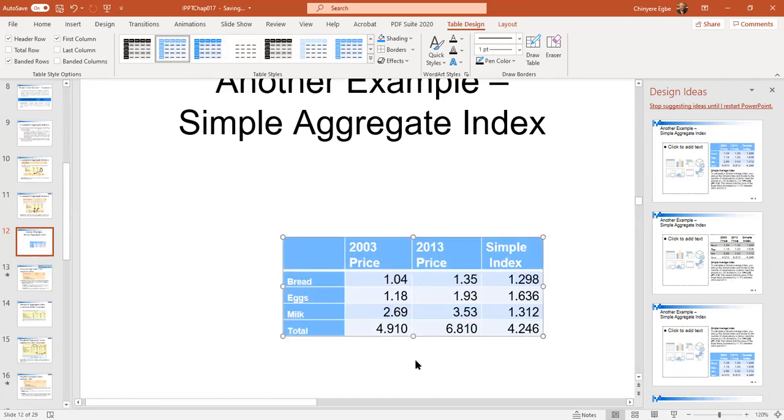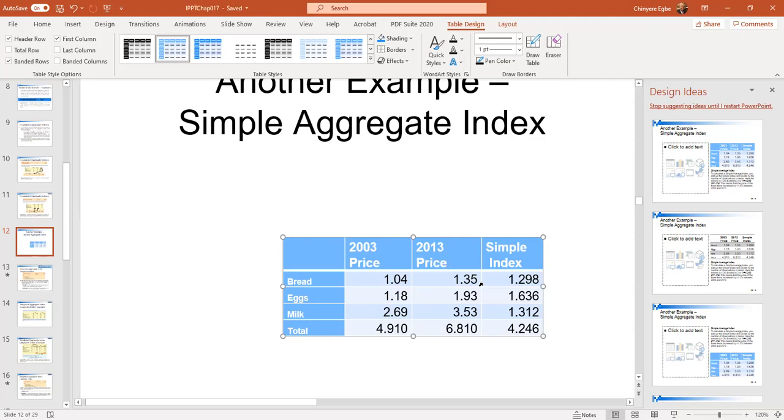Now, what you have here is that you take, say, the price of bread. The price of bread was $1.04 for a loaf of bread in 2003, and in 2013 it was $1.35.